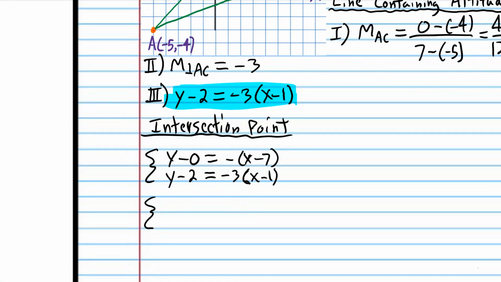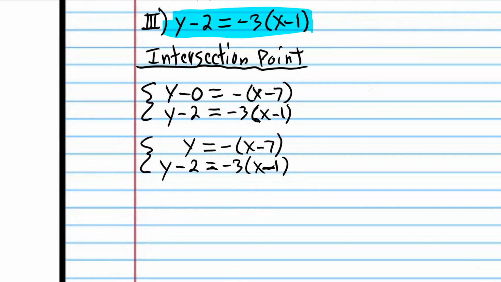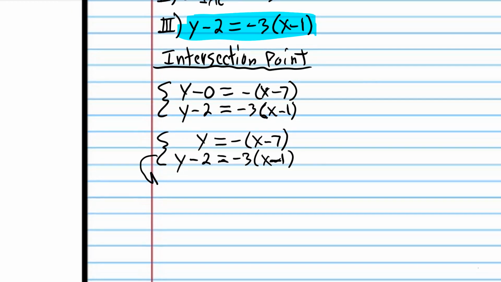All right, now we're just going to get rid of that 0 because y minus 0 is just y. So y is now solved for in the top equation, and we're going to use the substitution method like we did in the previous class. We're going to take the second equation and we're going to rewrite it, except instead of y, we're going to write what the top equation tells us y equals. And now we just have an equation with parentheses.